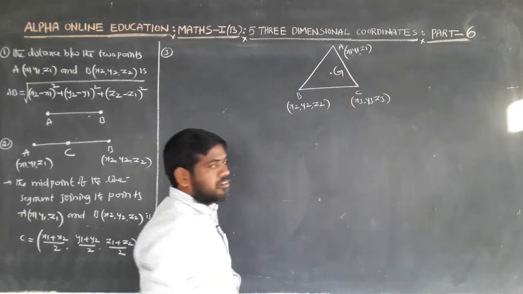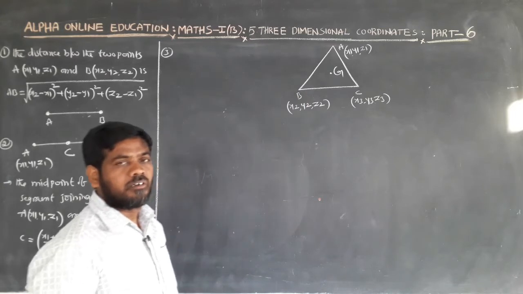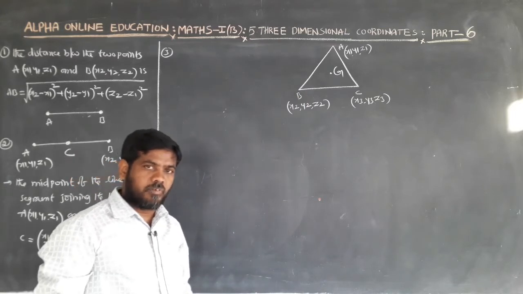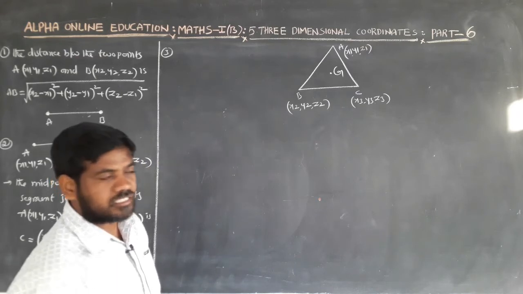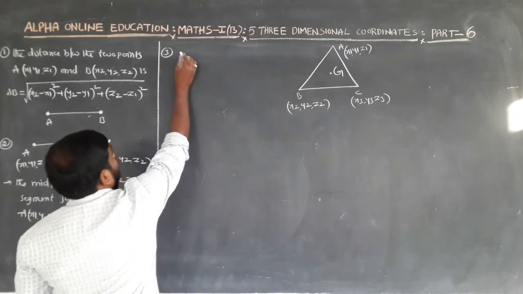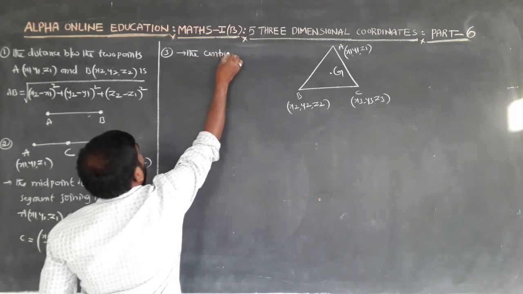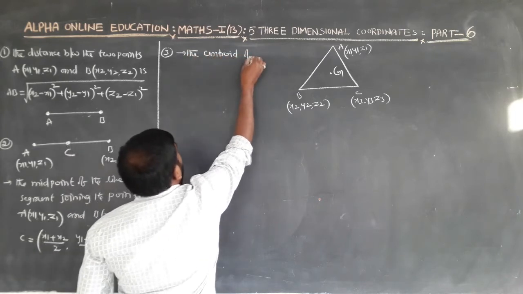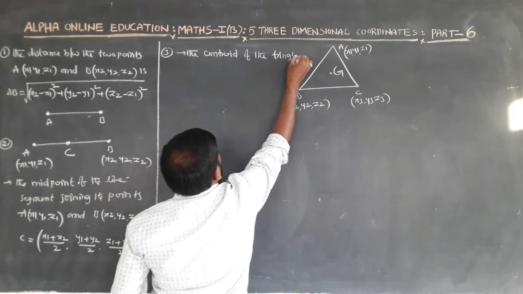The centroid of the triangle whose vertices are A x1, y1, z1, B x2, y2, z2 and C x3, y3, z3 is the centroid of the triangle.